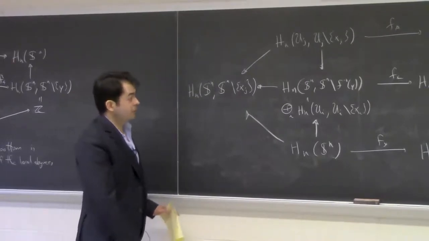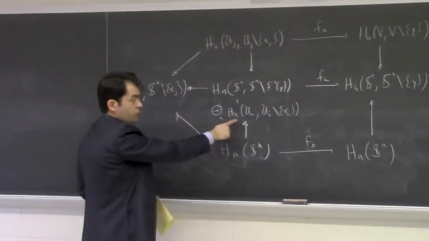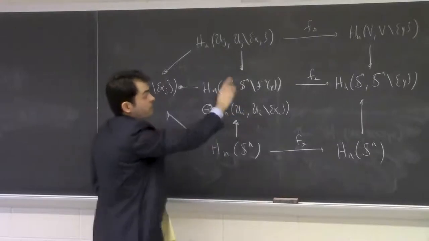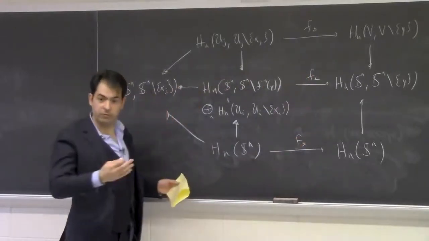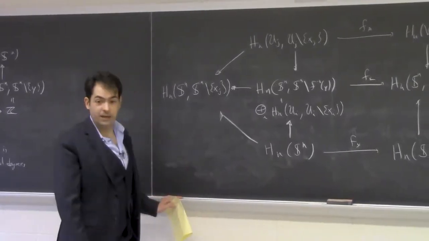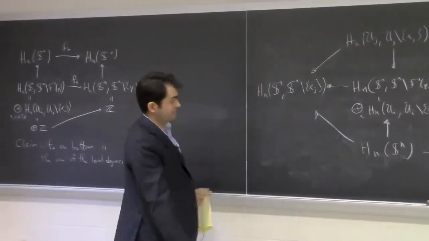So adding these is very natural for trying to figure out what's going on with each summand. And then once you have these, you just act on it by f, which is what you're trying to figure out. So it's not actually a very mysterious diagram once you've drawn that one.